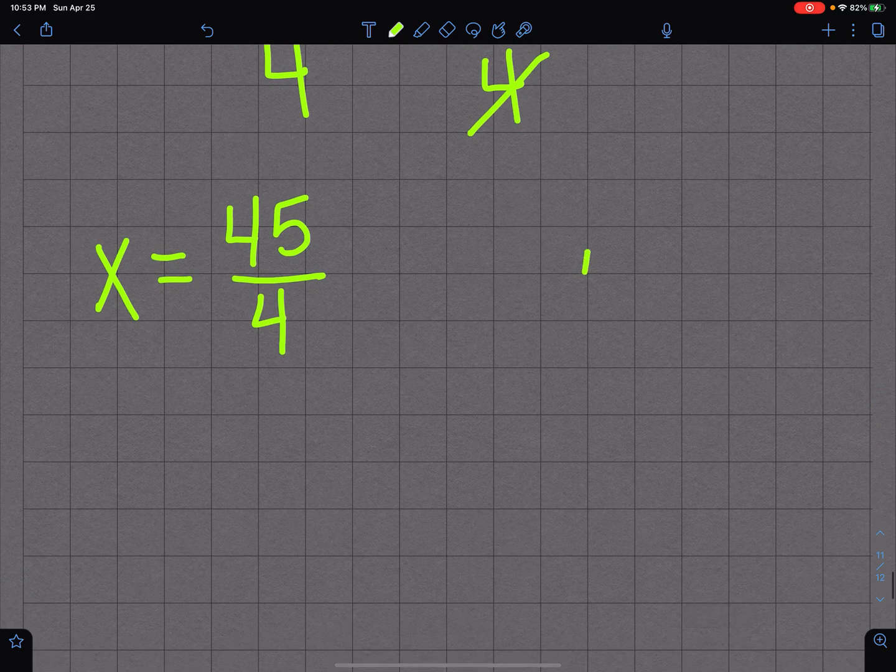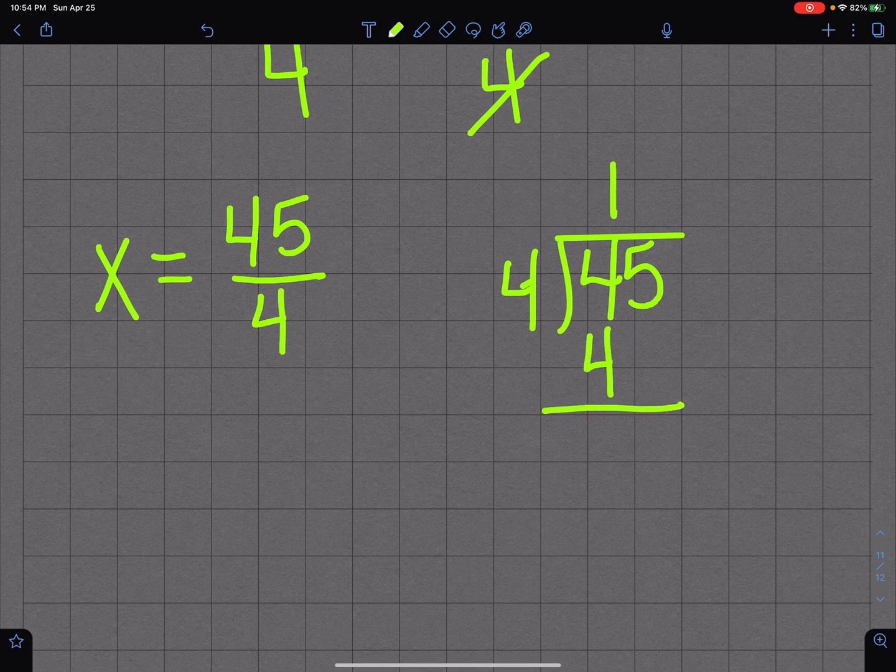So now let's do the math. 45 divided by 4. Well, 4 goes into 4 one time, so I'm going to put a 1 there. Then I multiply. 1 times 4 is 4. Subtract. Bring it down. How many times does 4 go into 5? Well, it goes in 1 time.